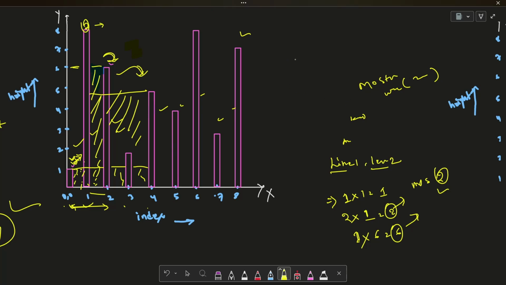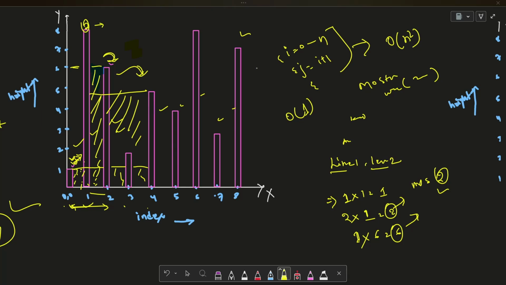So it will take two loops, right? i from 0 to n and j from i plus 1. Two loops we need for finding this answer. So the time complexity is big O of n square, and space complexity is big O of 1. We are not using any extra space.